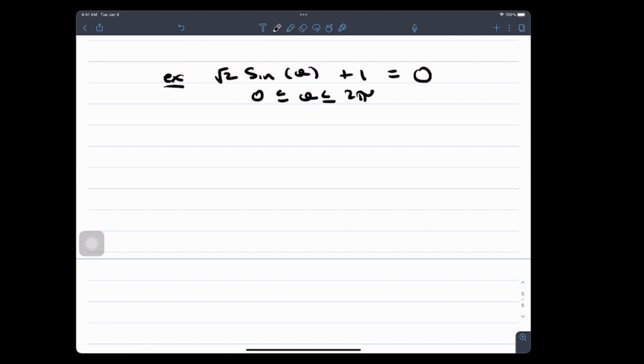Try this out. We'll see what you guys get here, okay? We're going to give you guys some time on the clock here. See what you get.